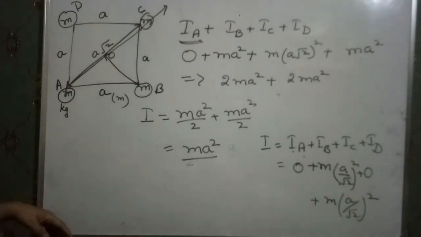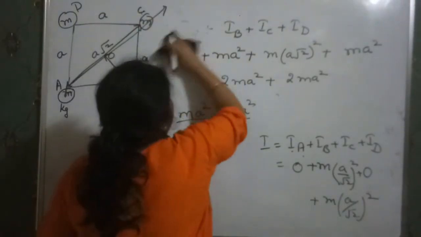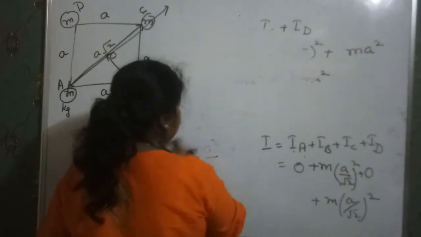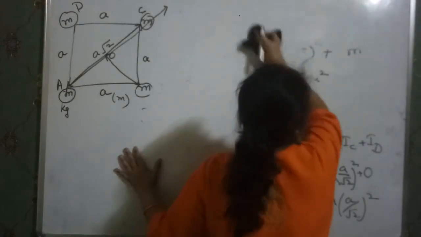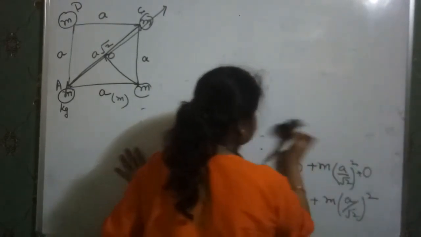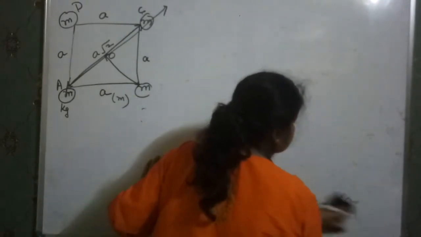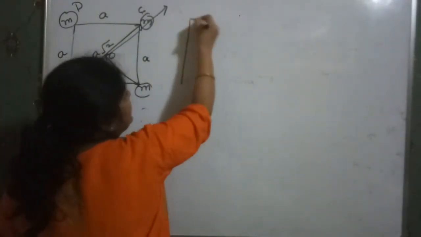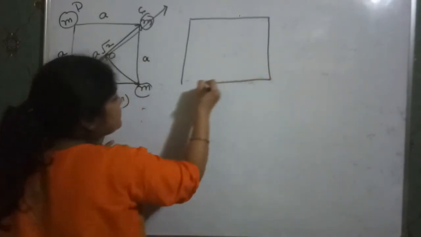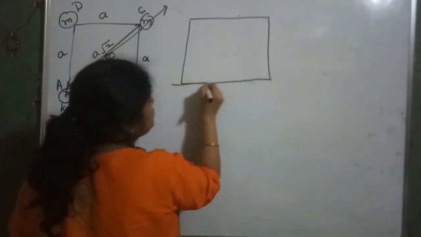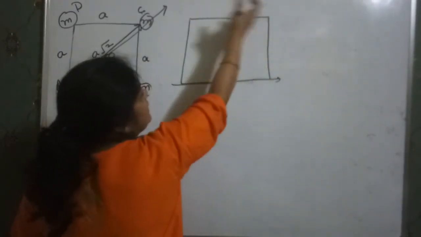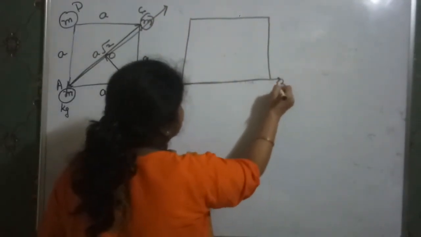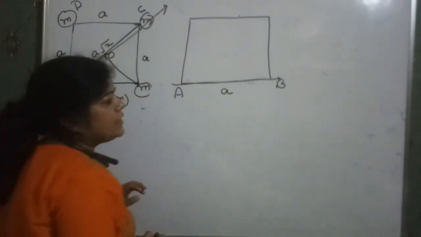Now the third case arises when the axis of rotation goes along one side of the square. Consider this is our square, and the axis of rotation goes along this side. We can take any side of the square, for example side A and B, and this distance is a.